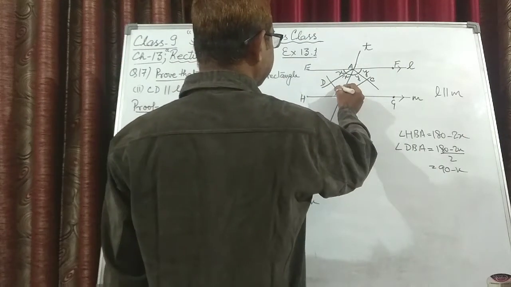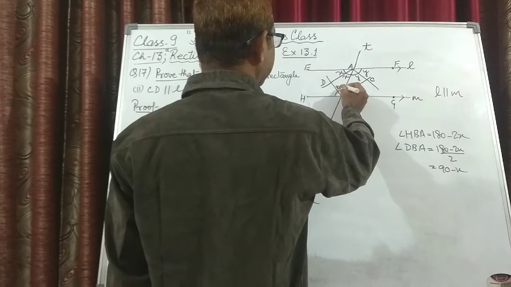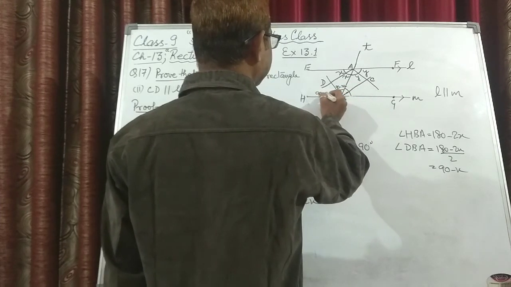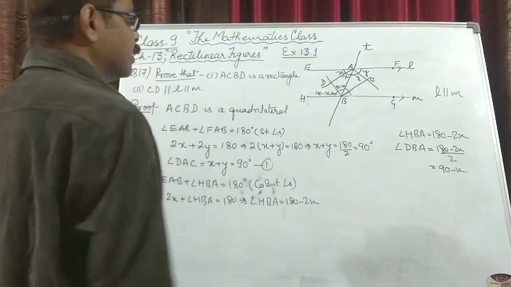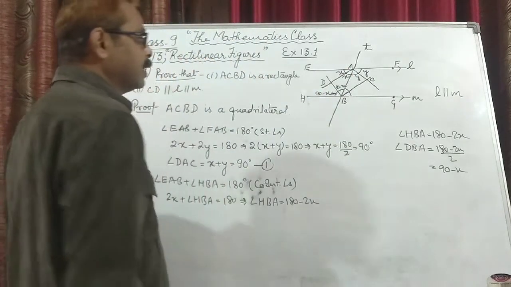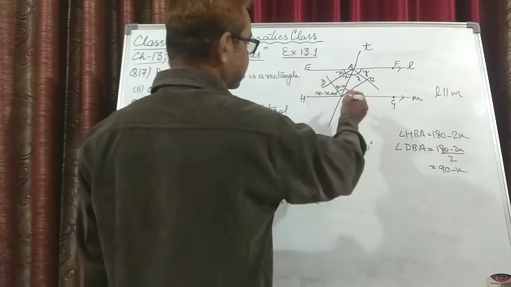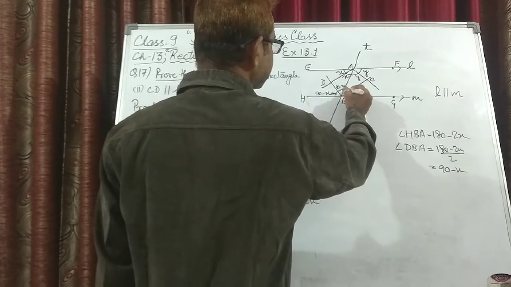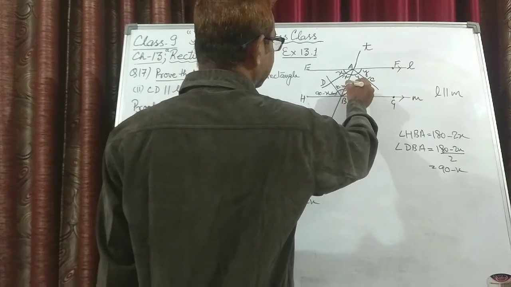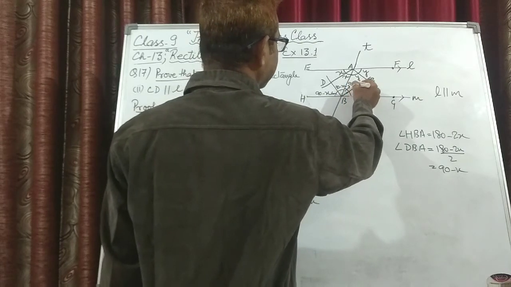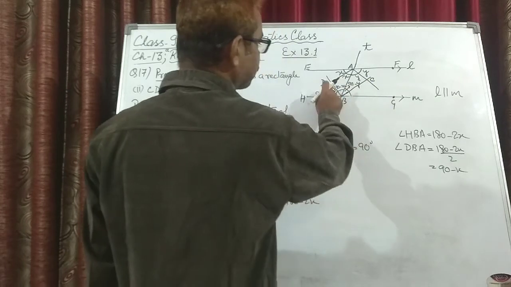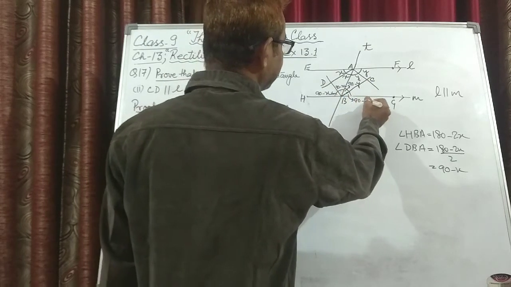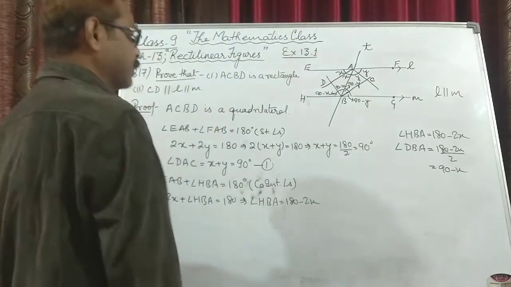This becomes 90 minus x. At the same time, this also becomes 90 minus x. Both these angles become 90 minus x. Similarly, in triangle ACB, this angle will be 90 minus y, according to the same concept, and this will also be 90 minus y, right?